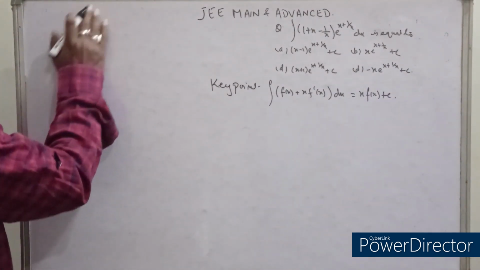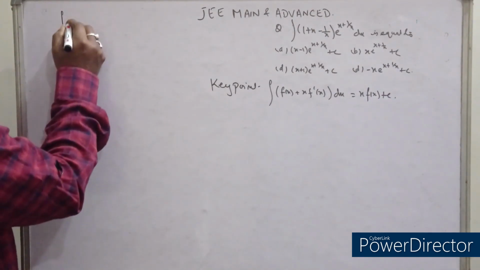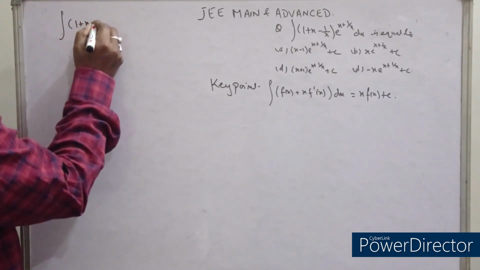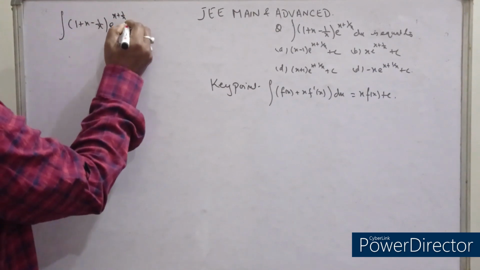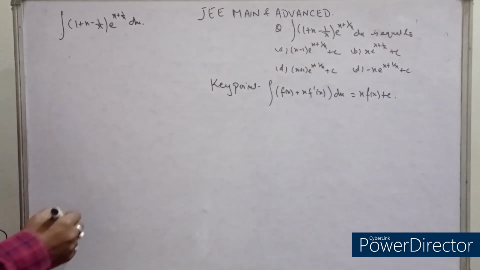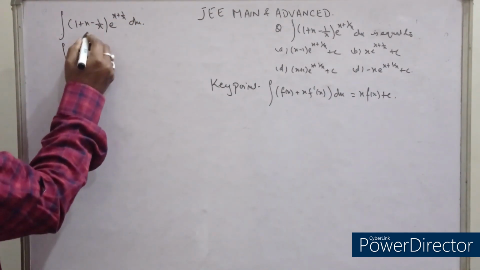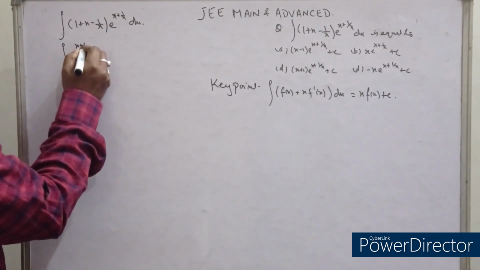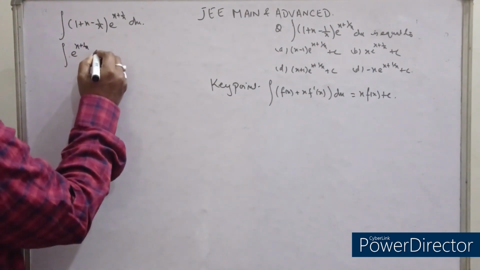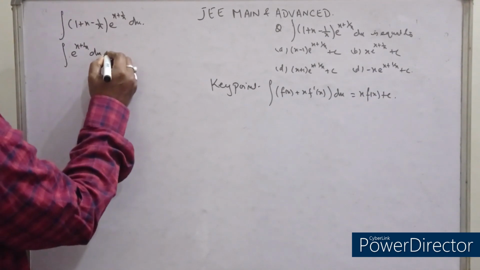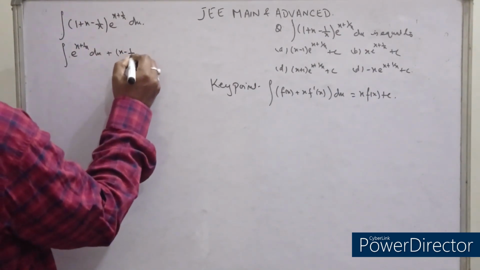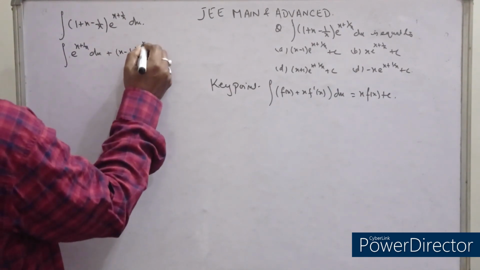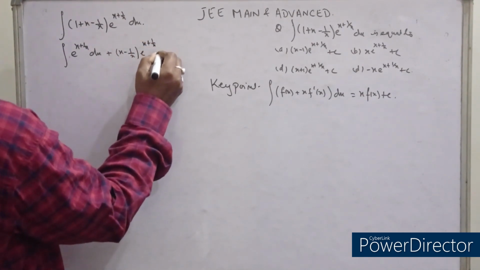So here you see that integration of 1 plus x minus 1 by x, e to the power of x plus 1 by x dx. So this is e to the power of x plus 1 by x dx plus x minus 1 by x, e to the power of x plus 1 by x dx.